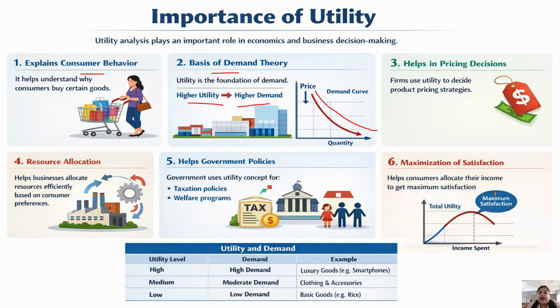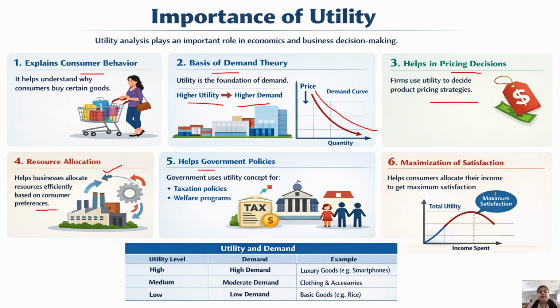The next is helping in pricing decisions. Basically, a firm uses utility to decide its product pricing strategy based on consumer demand and the price of the commodity. The next one is resource allocation. Here, utility helps business allocate resources efficiently, based on consumer tastes and preferences.